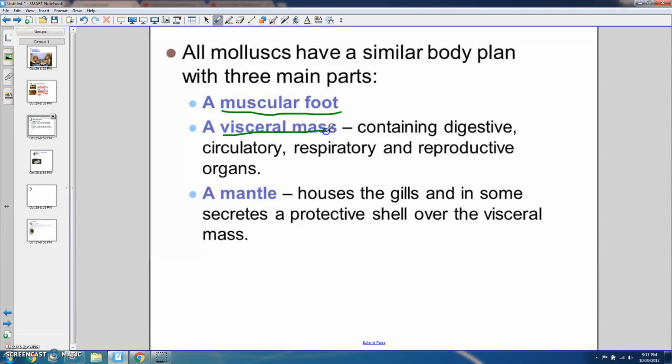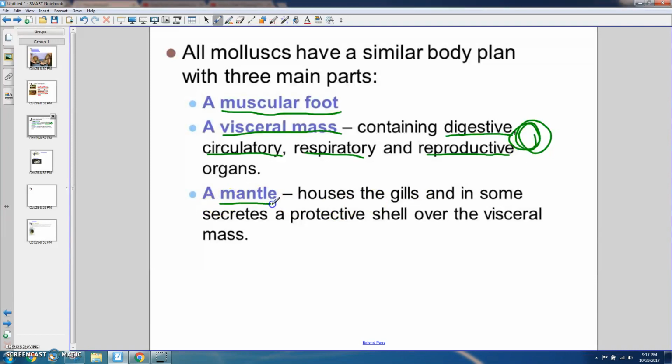They also have a visceral mass, so they are coelomate, which means that they have a body cavity, and in that body cavity they have the ability to develop organs and organ systems, including the digestive system, circulation, respiration, and reproductive. So all of this stuff takes up space, and so this body cavity called the coelom allows for it to develop. Again, that's called the visceral mass. Viscera is another word for the guts.